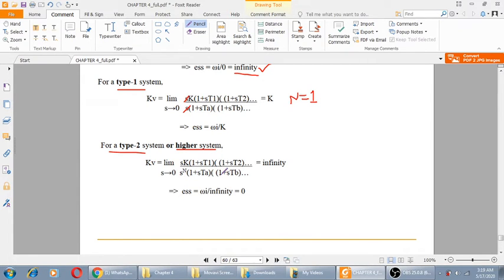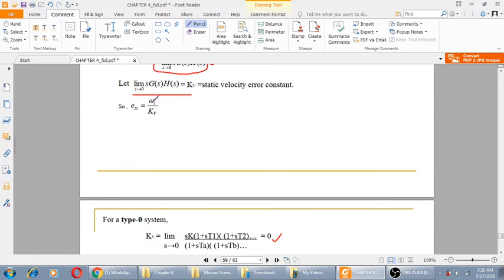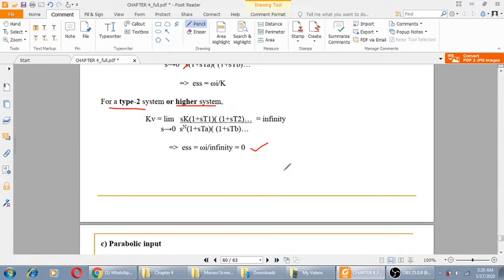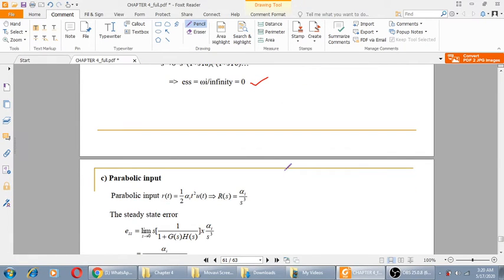So when we replace the value of s by 0, K_v will become infinity, because of the 0 at the denominator. So e_ss will be omega_i divided by infinity, and that will give us 0.